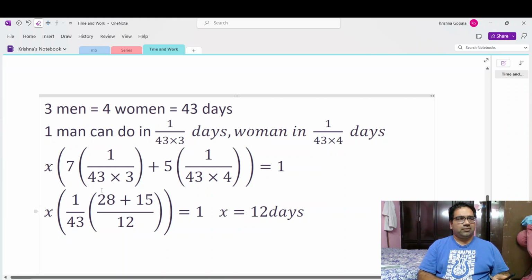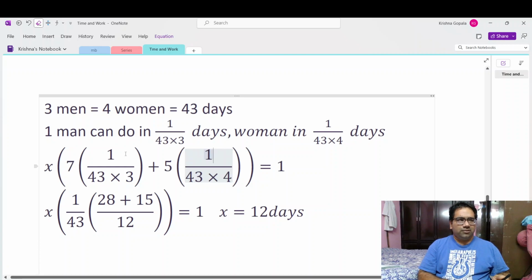Right. What is our X? X is in how many days? 7 men and 5 women will finish the work. We assumed it to be X. In X days, 7 men will finish this much work daily. 1 by 43 into 3 is the daily output of men. 1 by 43 into 4 is the daily output of women. 5 women will give 5 by 43 into 4 work output on each day.